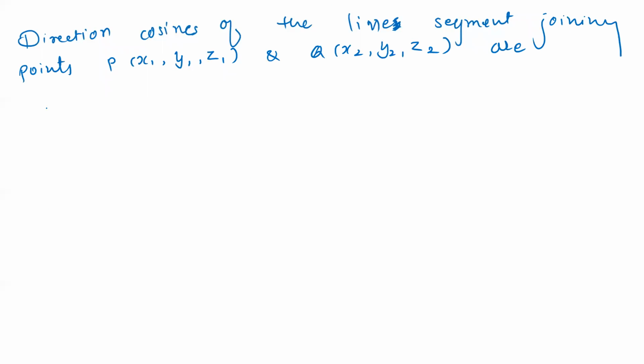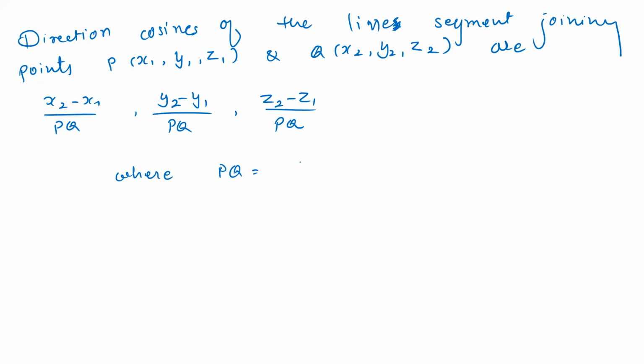What is cos alpha? X2 minus X1 by PQ. And cos beta is Y2 minus Y1 by PQ. And cos gamma is Z2 minus Z1 by PQ.